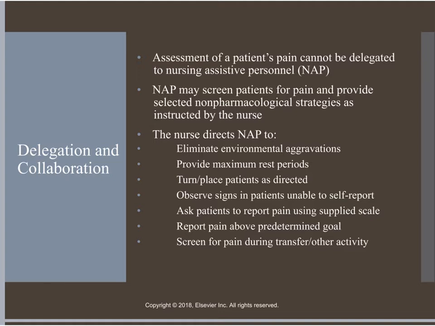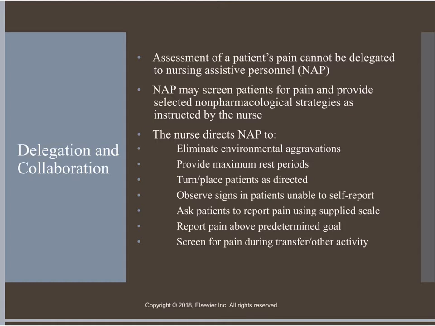Turn and place patients in a position of comfort at least every 2 hours, or remind patients to turn themselves. Encourage patients to use a pillow for splinting if needed. Observe for behavioral signs of pain in a patient who is unable to self-report. Ask the patient to report pain using the pain intensity scale chosen by the patient and the nurse.